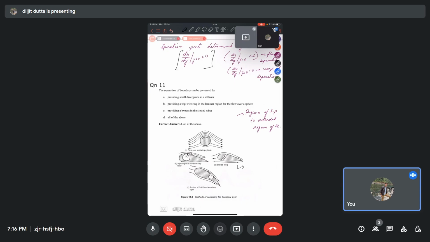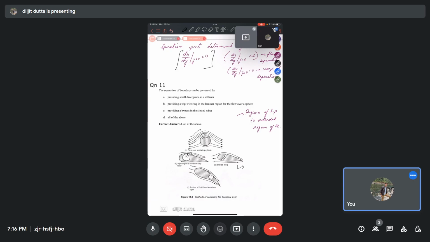The second method is if we take the flow over a curved surface. If we take a spherical ring or a wire, and the flow is taking place over the curved surface of the ring or the sphere, then the flow will be accelerated.